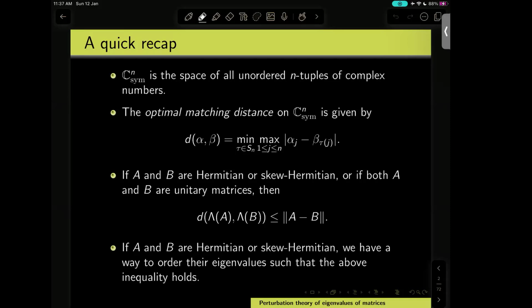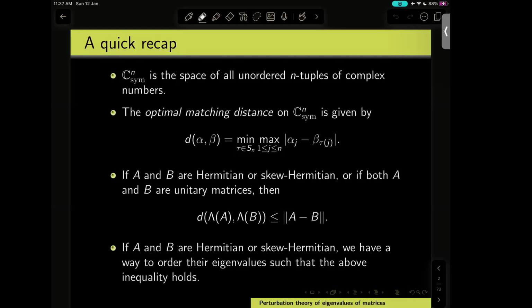In that case, one important metric that we introduced yesterday, and that we will be using extensively today also, is the optimal matching distance. To recall, that is the minimum over all permutations in Sn, of the maximum over j, of mod lambda j minus mu j.